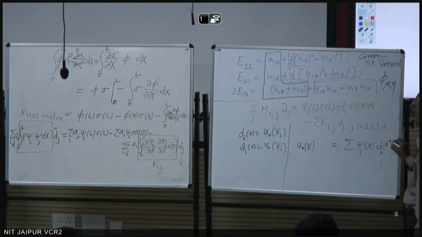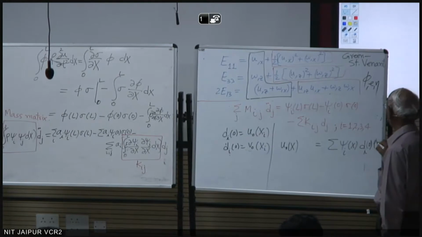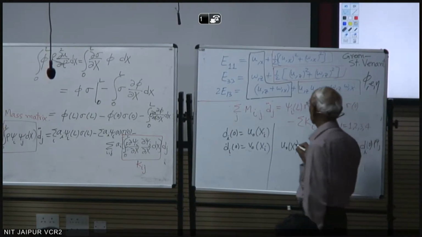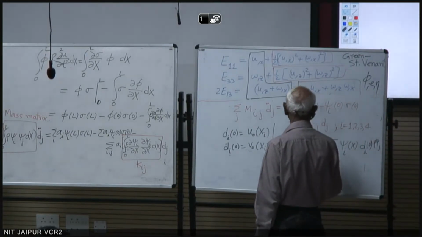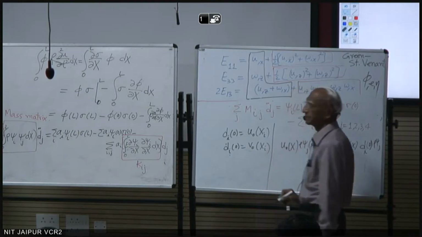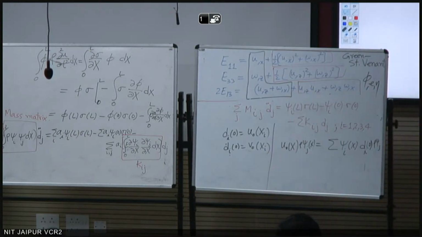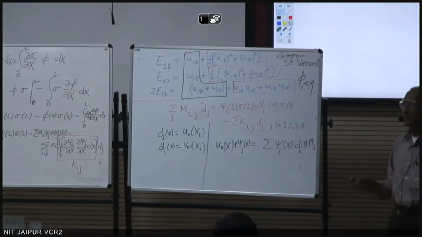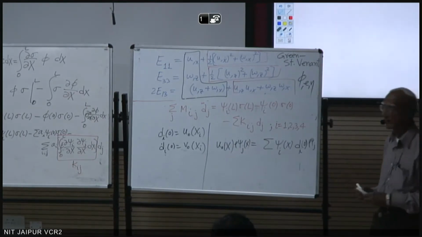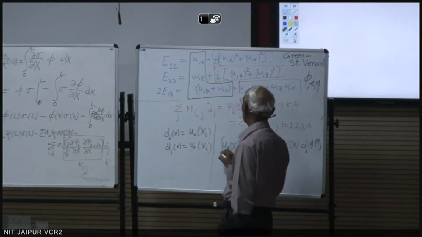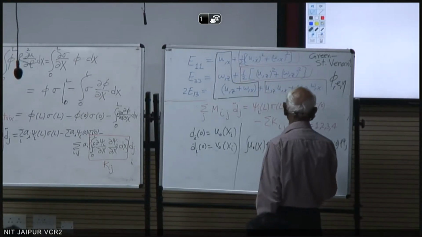So we multiply both sides by rho psi j of x. Multiply both sides by rho times psi j and integrate this from 0 to L.